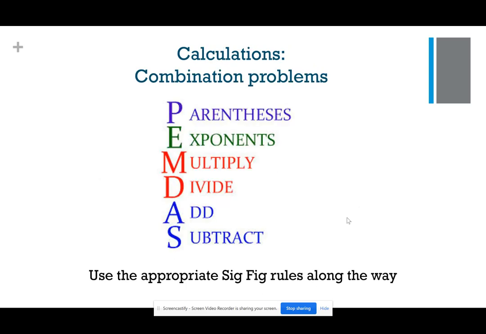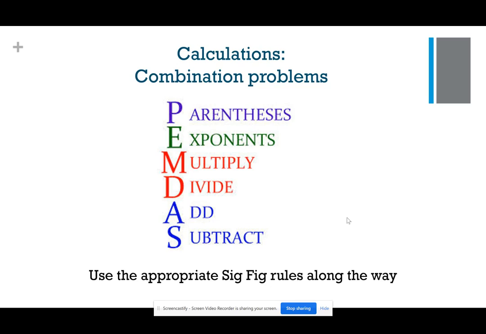In problems, and we'll see this in the next video when we get to density, in problems we may have to do a combination of different calculations. So what you would do is you would use your PEMDAS rules. When's the last time you saw PEMDAS? And the important part here is you're going to use the appropriate sig figs along the way. So if I do something in parentheses, I would pause, figure out the sig figs.